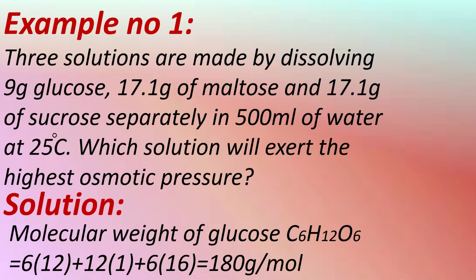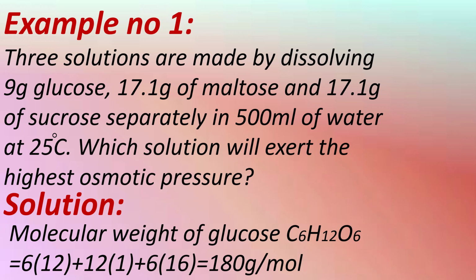Example number 1. Three solutions are made by dissolving 9 gram glucose, 17.1 gram of maltose and 17.1 gram of sucrose separately in 500 ml of water at 25 degrees centigrade. Which solution will exert the highest osmotic pressure? So we have three solutions. One solution contains 9 gram glucose in 500 ml water.